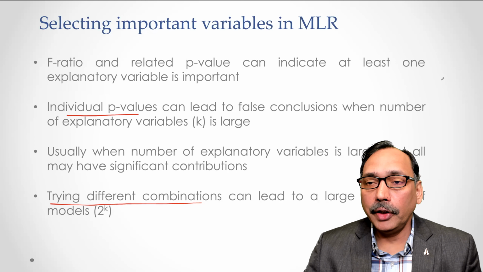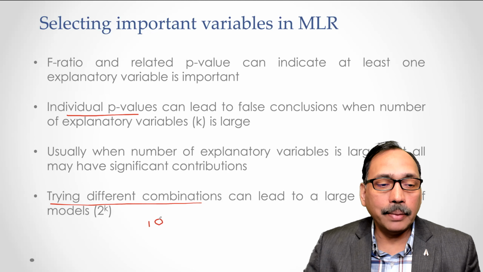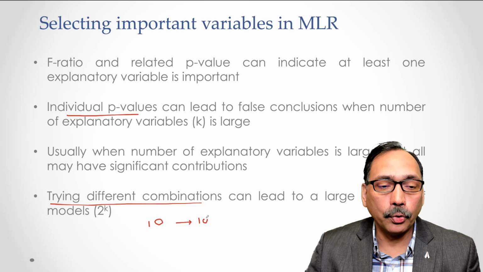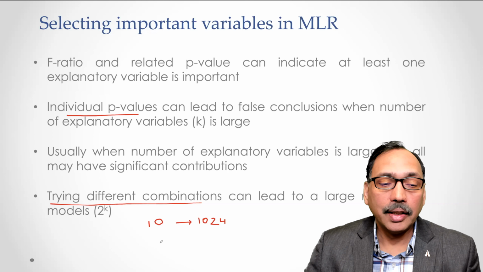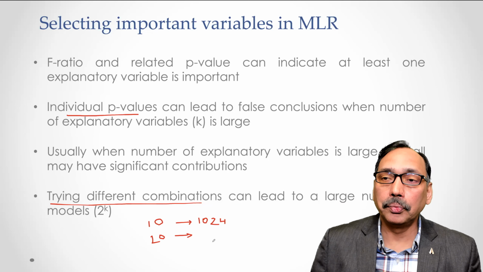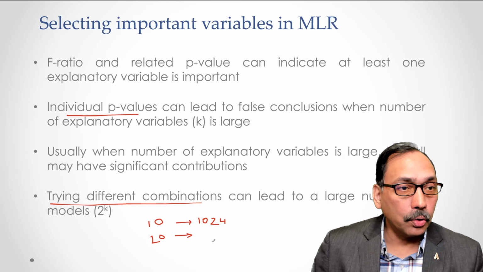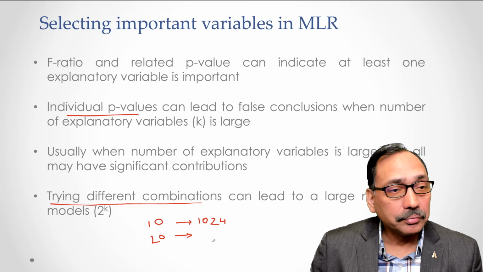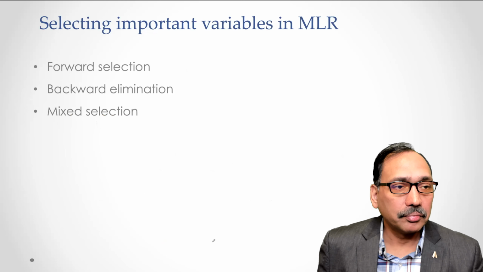If you have 10 variables, that can give you 2 to the power of 10, 1024 different combinations. And if you have 20, suddenly you are looking at a very large number. It grows at a very fast pace. So obviously some strategies are needed to tackle these situations.